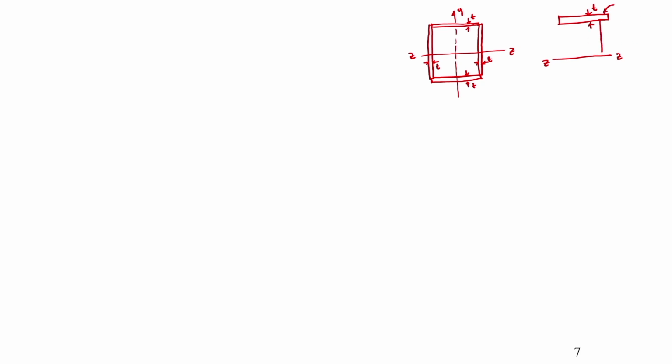So, from here to here let us consider the distance is H by 2. Okay. Now, how to find out the IZZ for this one weld? First of all we need to find out, about its own axis, let us consider Z1 Z1.